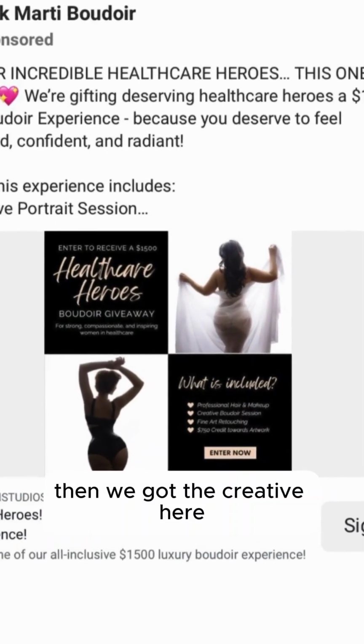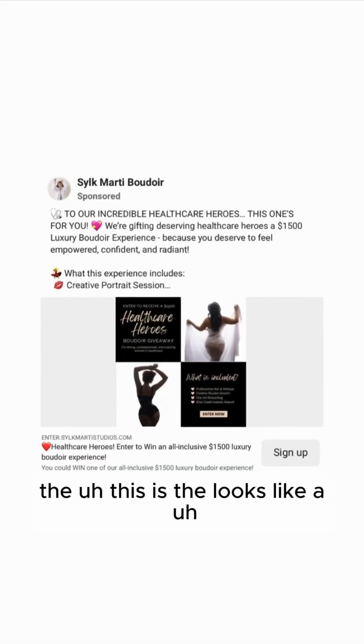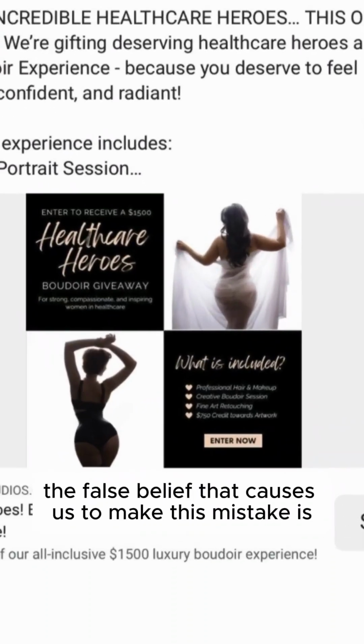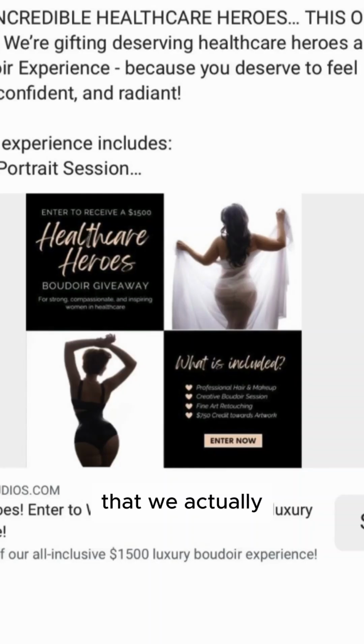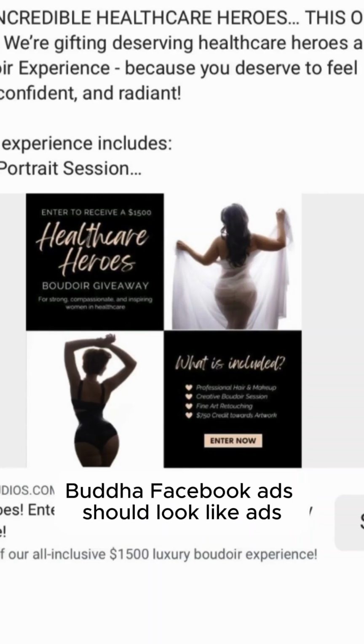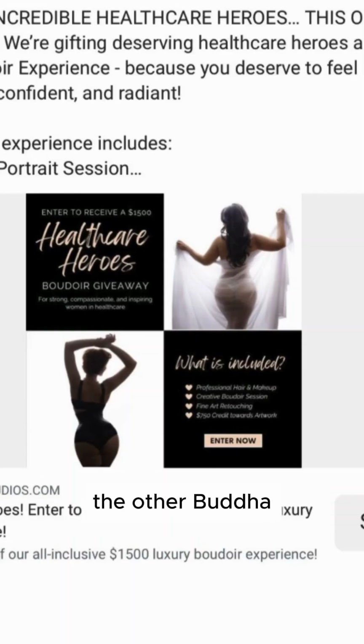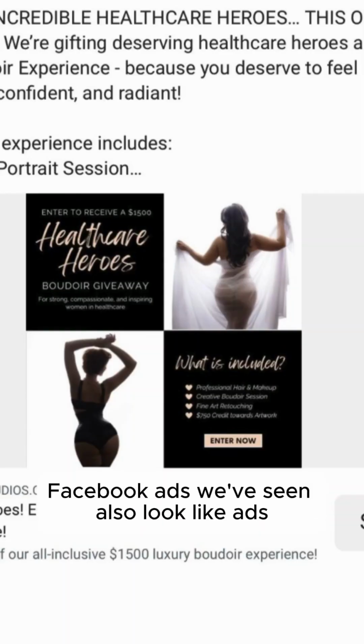Then we got the creative here. This looks like an ad mistake. The false belief that causes us to make this mistake is that we believe our Boudoir Facebook ads should look like ads because the ads we've seen on Facebook look like ads. The other Boudoir Facebook ads we've seen also look like ads.